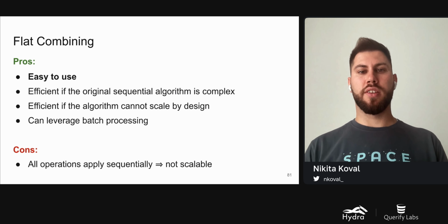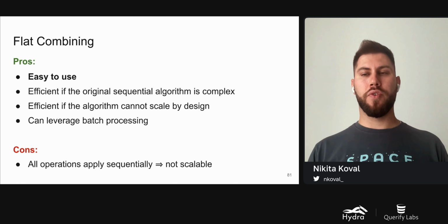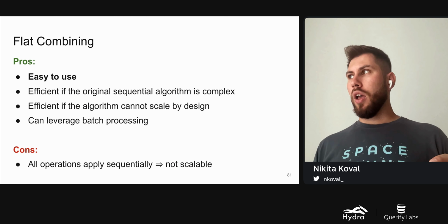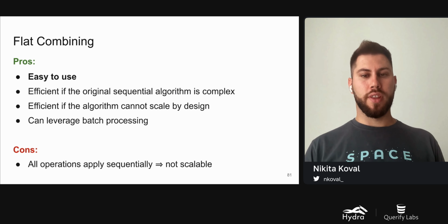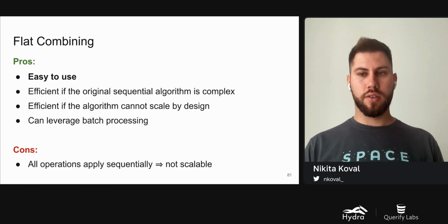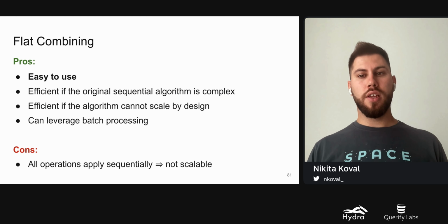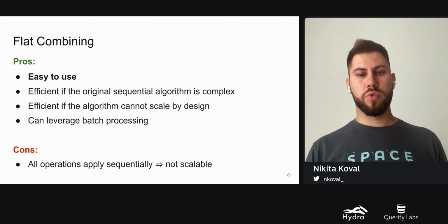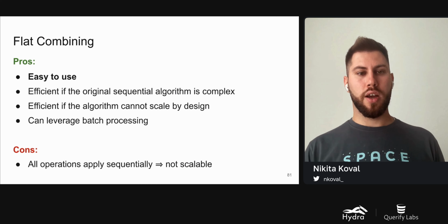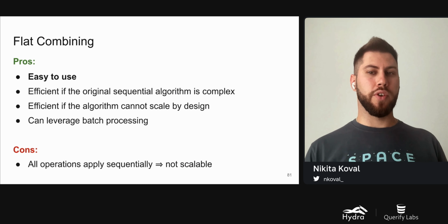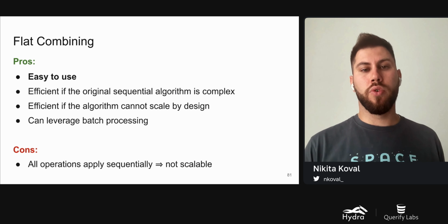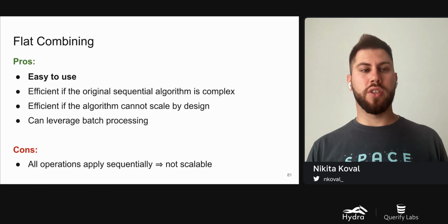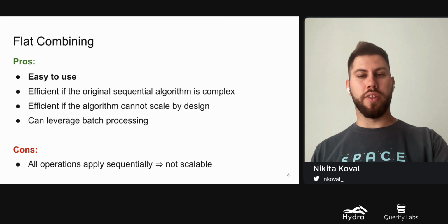But the solution is faster, especially if you have quite a contention on the data structure. And sometimes it's really hard to create a non-blocking version of your sequential algorithm. For example, it's hard to make a non-blocking priority queue. So a priority queue based on flat combining will be the fastest one.